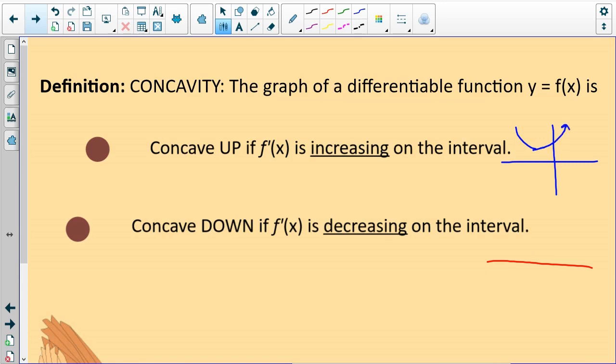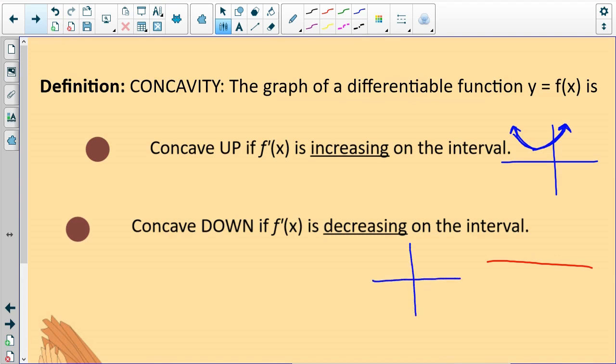Likewise, if my function is increasing, that means my slopes are getting steeper. So in either case, if I'm decreasing, my slopes are leveling off and getting closer to zero. If I'm increasing, my slopes are getting bigger, steeper. Notice that this is a graph that is concave up.